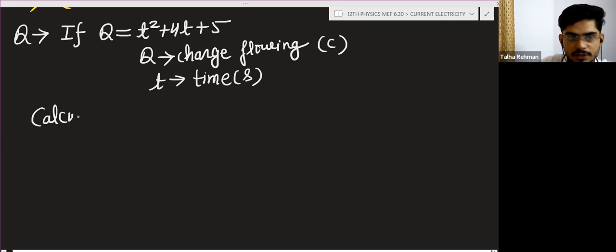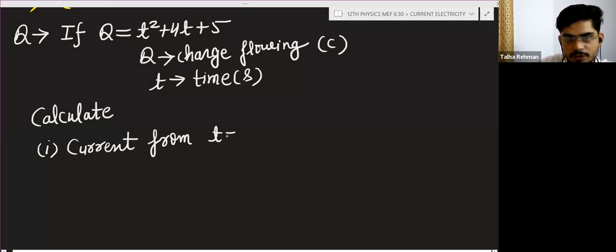We have to calculate, number one, the current from t is equal to 0 to t is equal to 2 seconds.